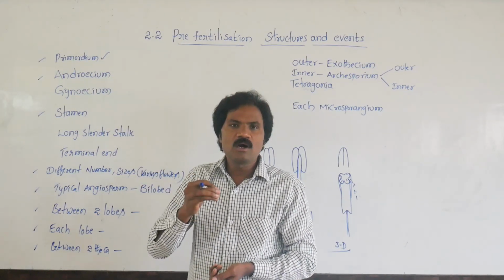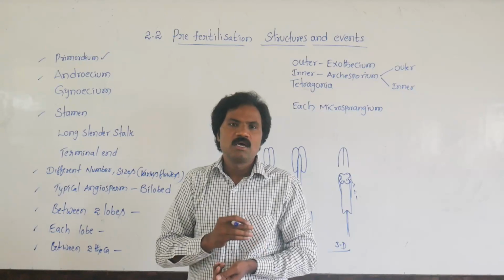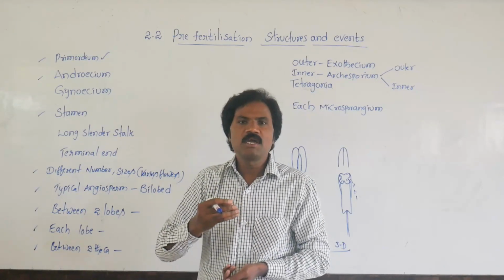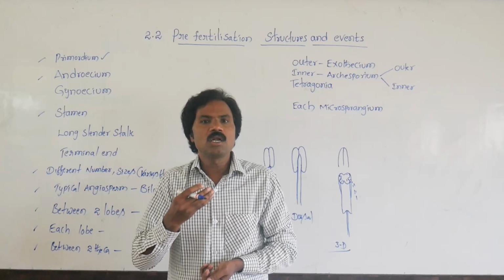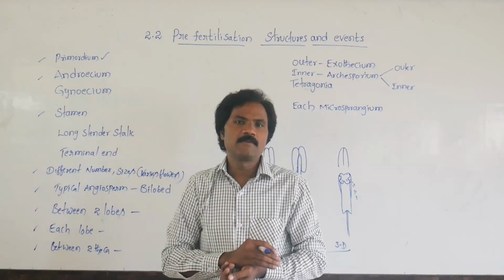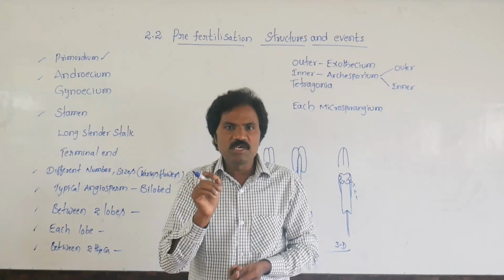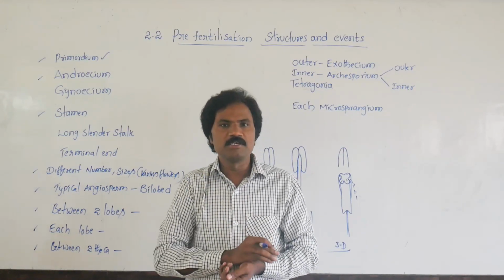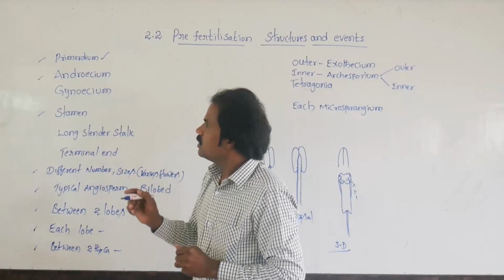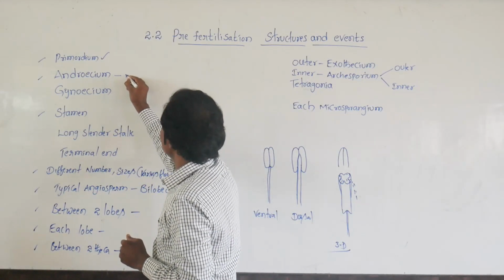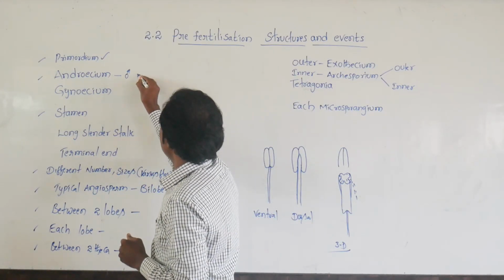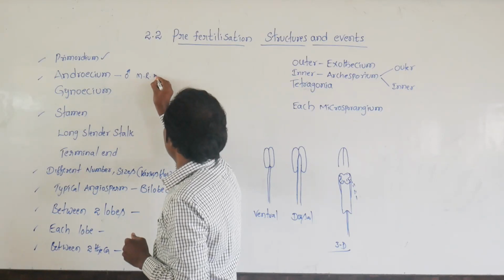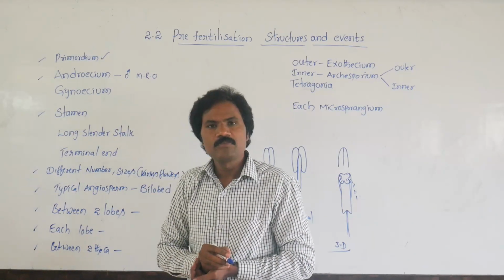With the help of hormonal actions, this primordium develops all four floral parts, and the essential floral parts are androecium as well as gynoecium. Androecium is the male part, called the male reproductive organ.